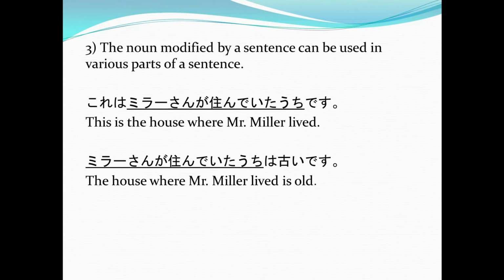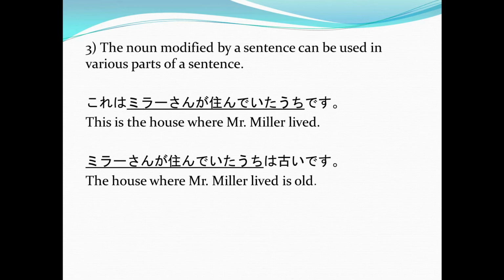Again, the underlined part of the sentence is the noun modifier, which is Mira san ga sunde ita uchi. Same as the above example. But in this part, we are saying that the house where Mr. Miller lived is old. Alright, so the noun here is the furui, wagatta, or old.